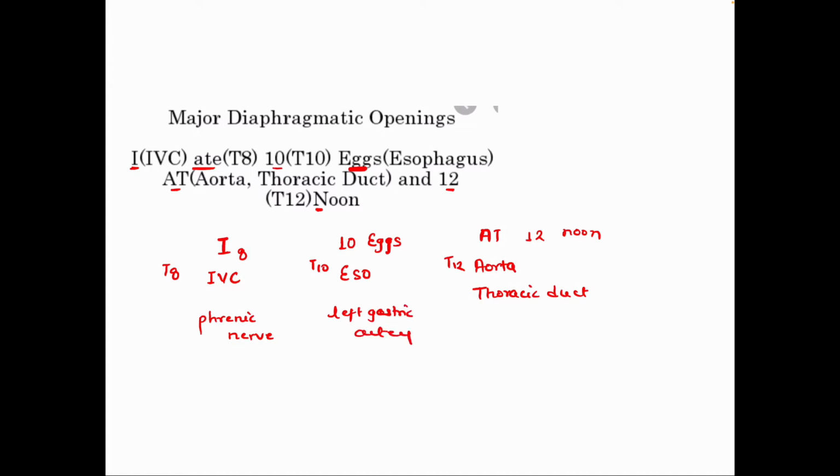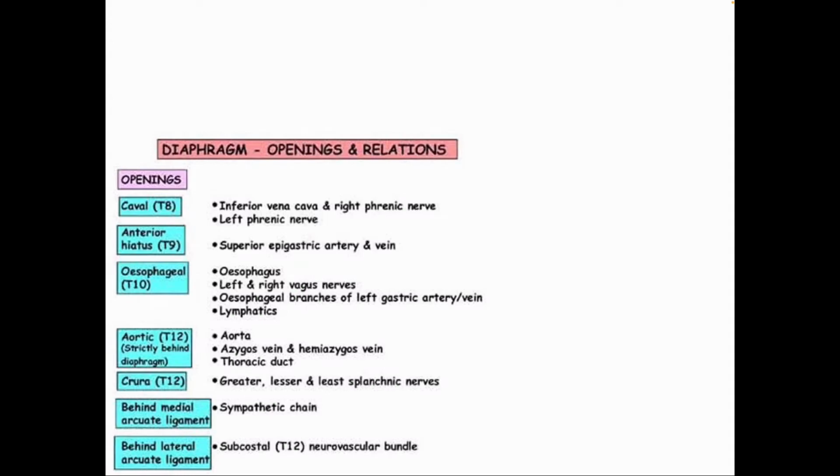And through the aortic opening, a vein passes, and this is the azygos vein. So one nerve, one artery, and one vein pass through these three openings. So I have given all the different openings.